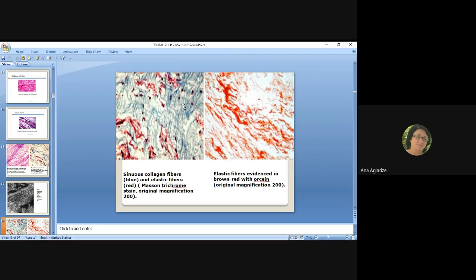And here you can see the appearance of elastic fibers. Elastic fibers consist of thin microfibrils, known as oxytalan fibers, with woven elastin in between. These elastic fibers are found together with blood vessels in the pulp.